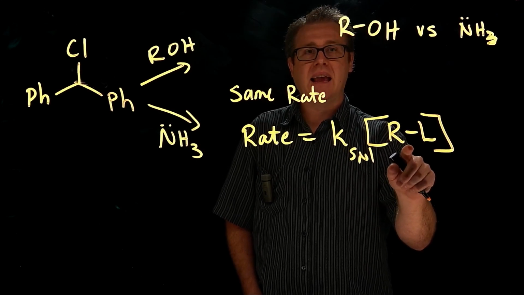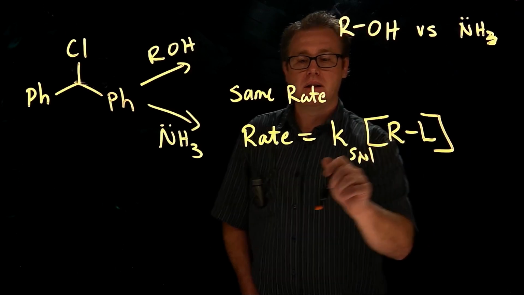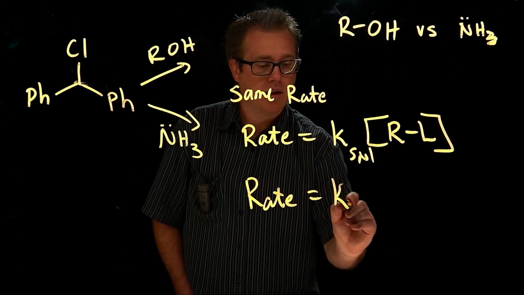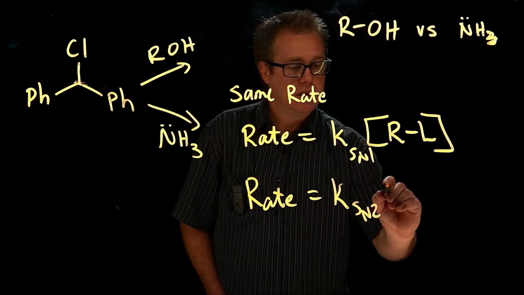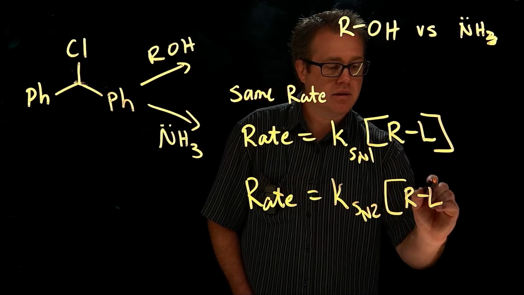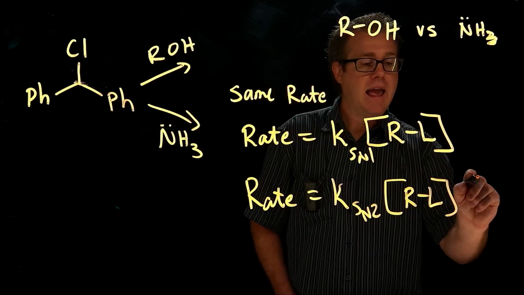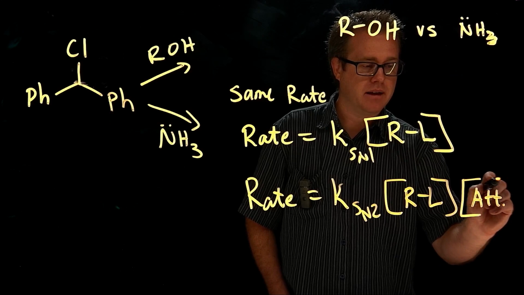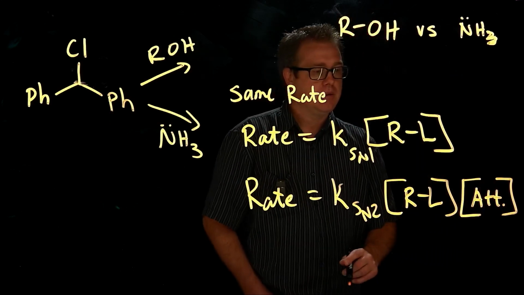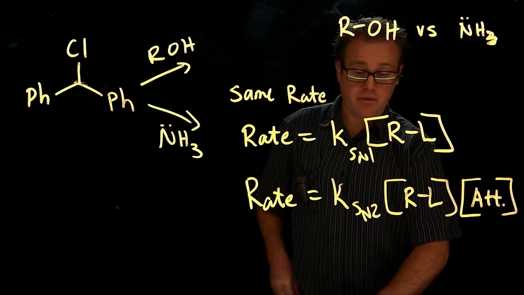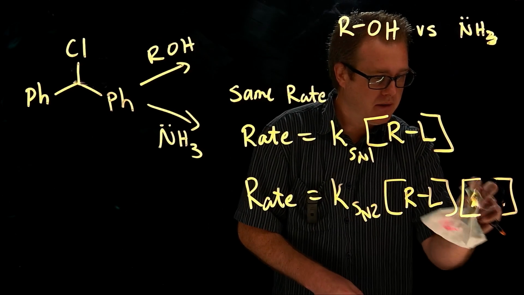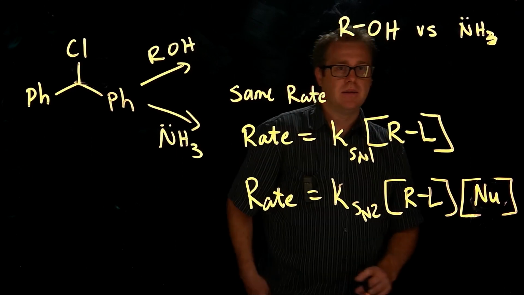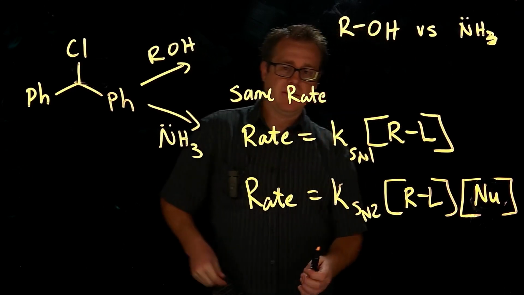It's the alkyl halide. Compare that to the rate of an SN2. That is dependent upon the alkyl halide and the attacking species, which I'm just going to represent like that. Or since it's SN2, we can actually put in there the nucleophile. So do you see the difference in the rates?